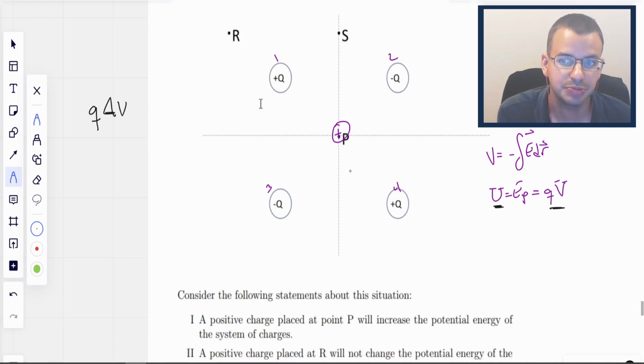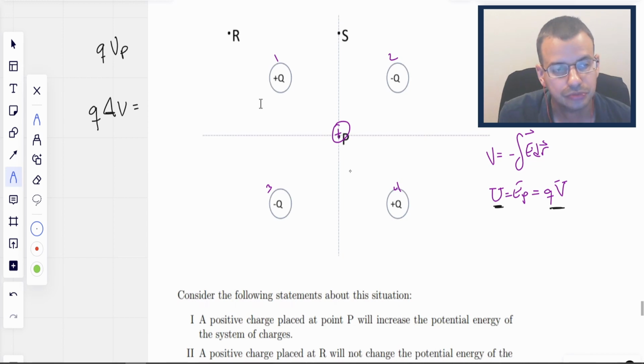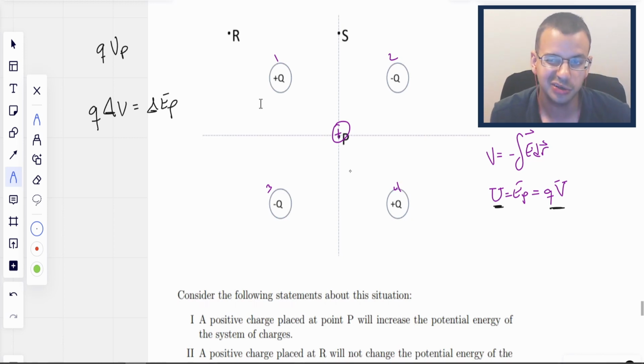In this case, this delta is between infinity and point P. We assume that the potential at infinity is 0. So really, we could also write this as Q times the voltage at point P. That is going to give us the change in potential energy. Some people would use U, I use E subscript P. And this Q plus is the positive charge that we added right there.